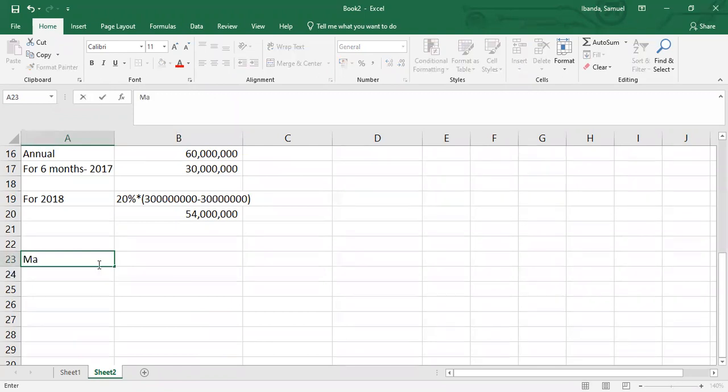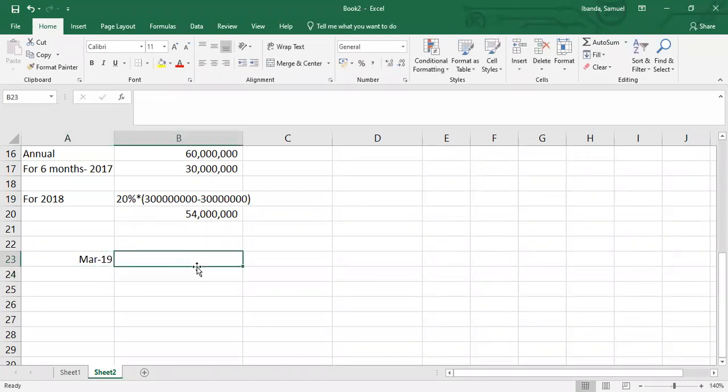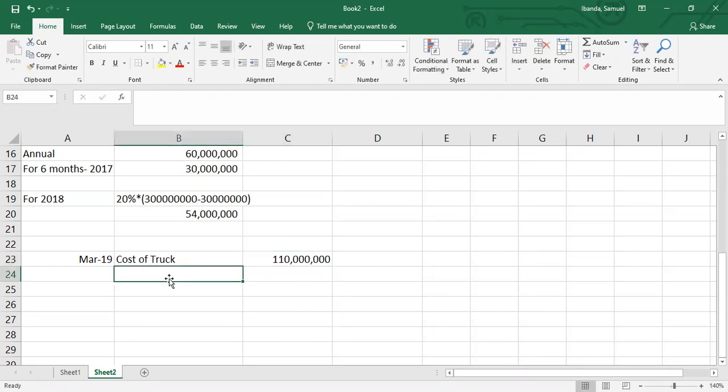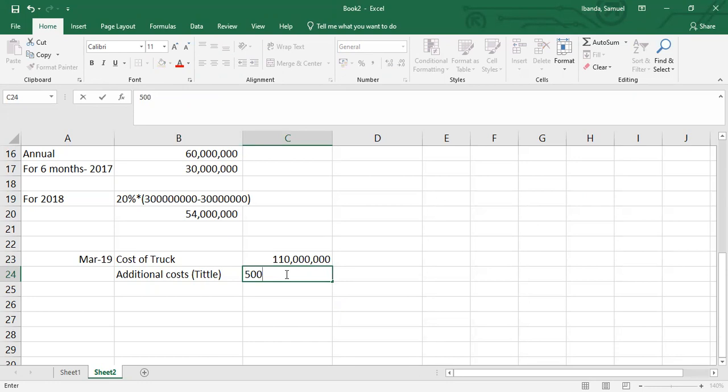So this is March 2019. We have the cost of the truck, it's 110, and then we have additional costs, which is the title, at 500,000.